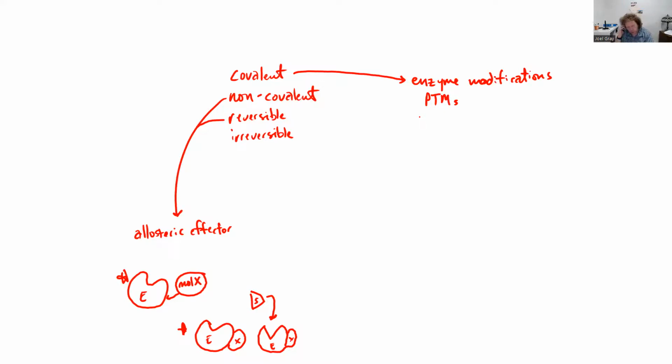So any modification to an enzyme after translation would be classified as a post-translational modification. Now, for our covalent modifications, what I want to narrow in on is adding a small molecule to the enzyme. And I say adding because we're going to have a covalent linkage between our enzyme and this molecule. A couple of classical and nice examples would be phosphorylation.